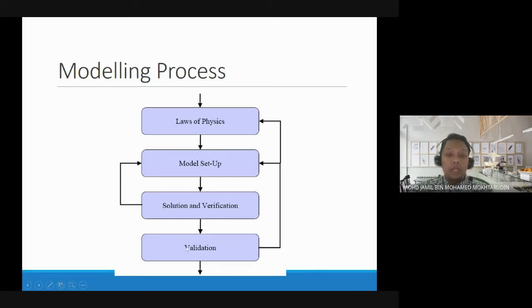And then we get the results, and we do some validation, maybe compare it with literature or with any data that we have. If it is wrong, then we look back at whether we used the correct physics or set up the model correctly.